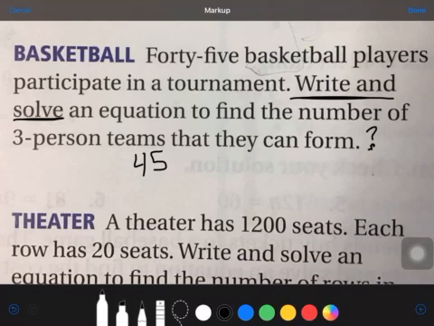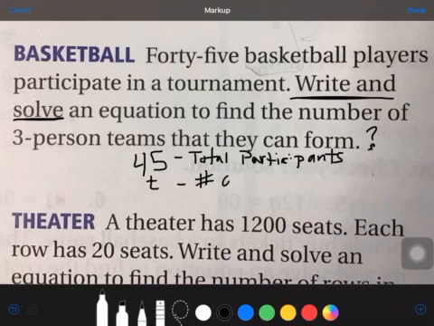So what do we use for an unknown amount? We use a variable. And I'm going to label each one of these things so I know how they relate to each other. So 45 total participants. I'm going to use t for the number of 3-person teams.